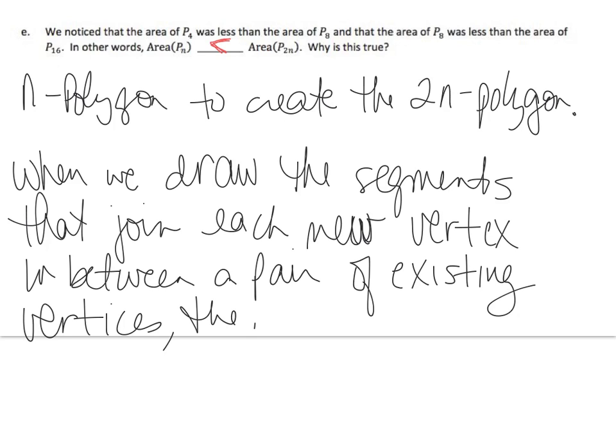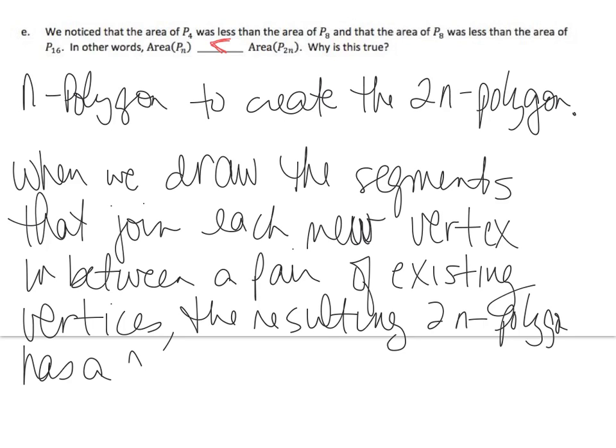The resulting 2n polygon has a greater area than the n polygon.